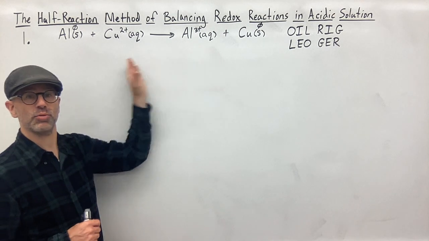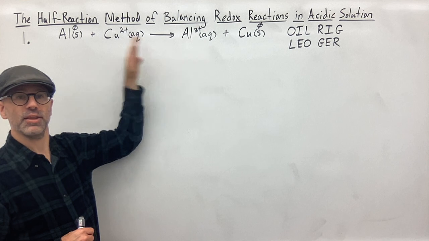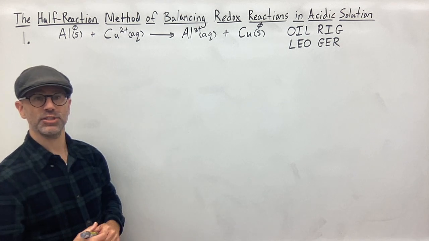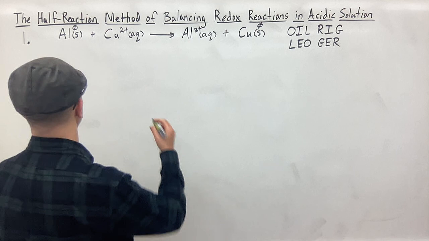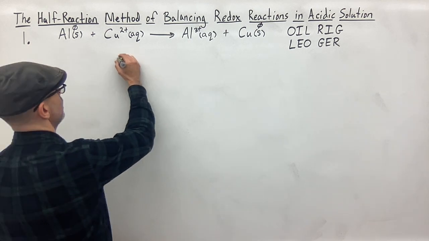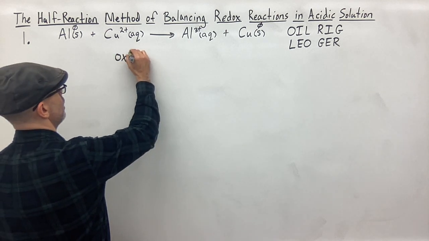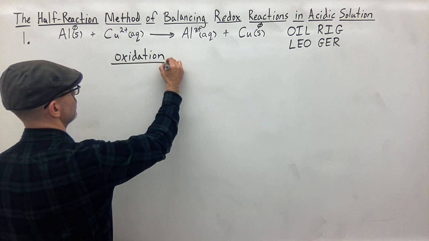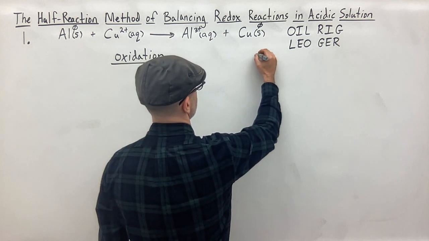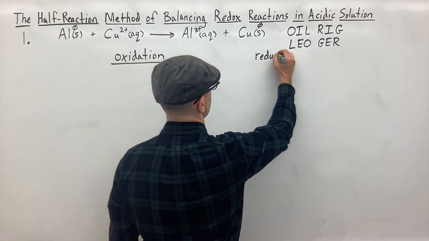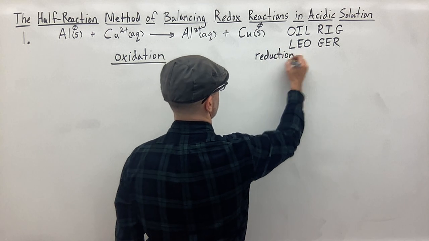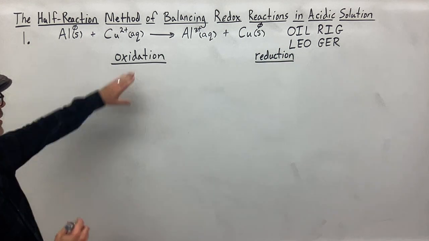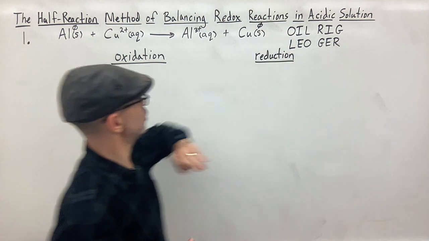So what we're going to do is divide up this equation into two half reactions. This reaction is going to be divided into two halves. We're going to have the oxidation half, and then we're going to have the reduction half. So oxidation, OIL, oxidation is loss of electrons.